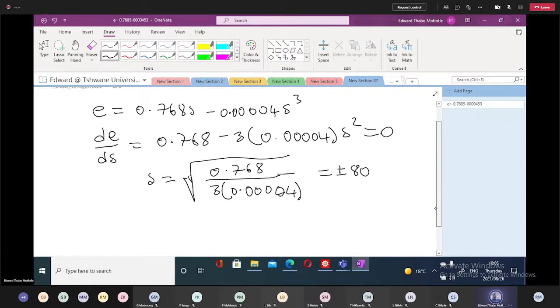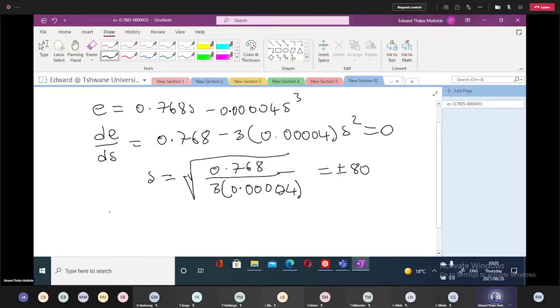Now you differentiate again. You have two values, and you want to test which one is going to give you a maximum and which a minimum. So you determine the second derivative.